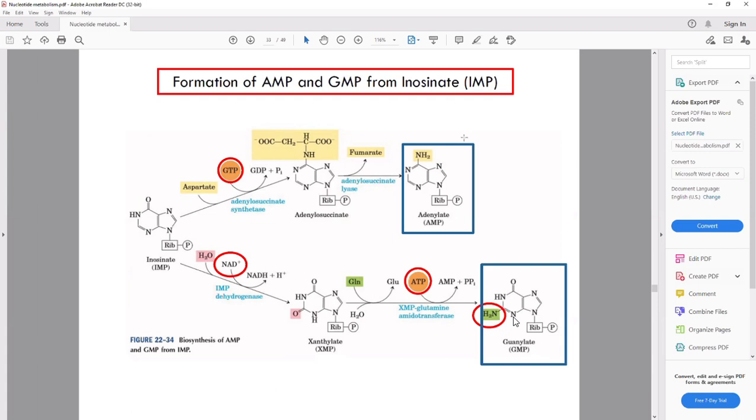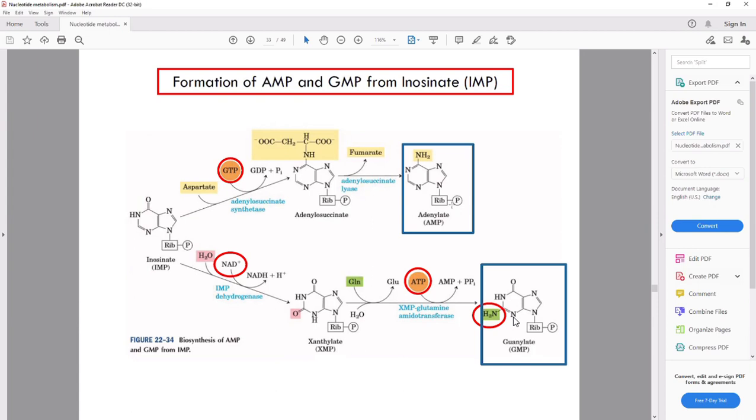Once we synthesize the purine, in the first few steps we synthesize the first 5-membered ring, followed by the 6-membered ring. For purine, it is synthesized attached directly to ribose.